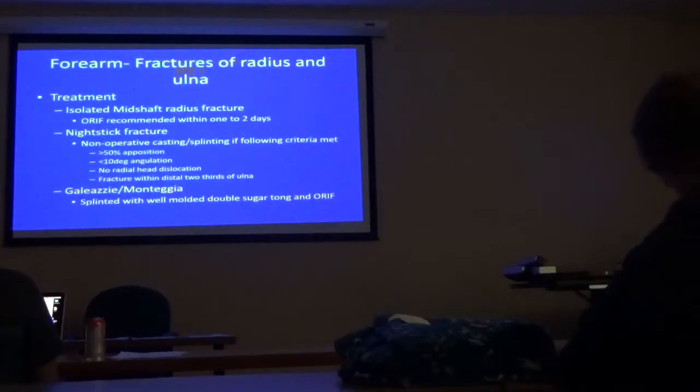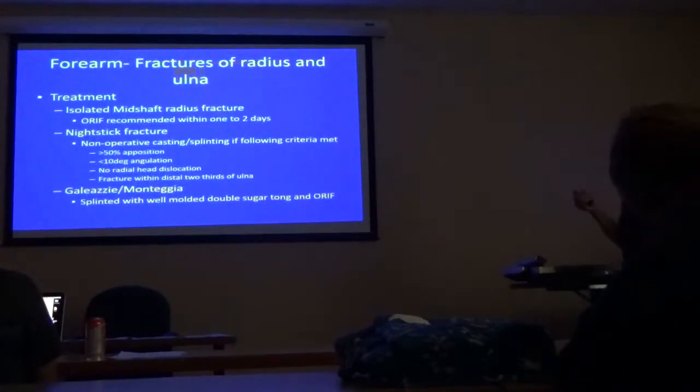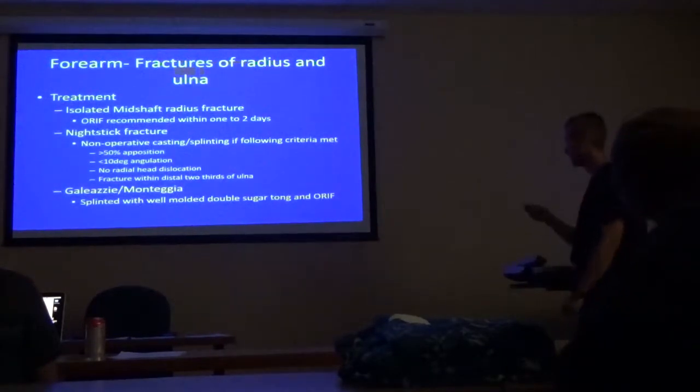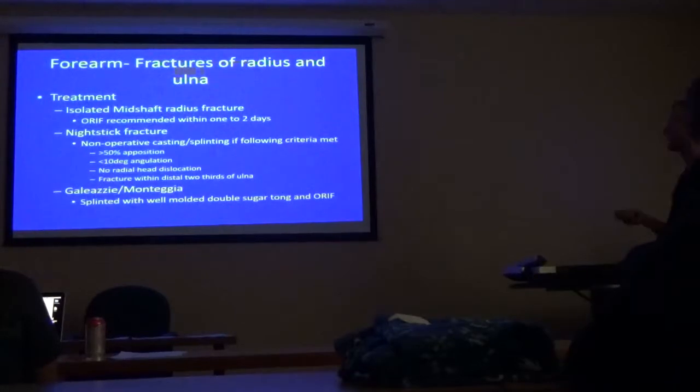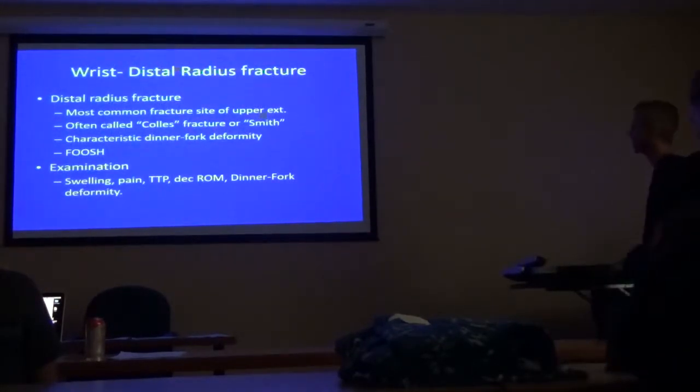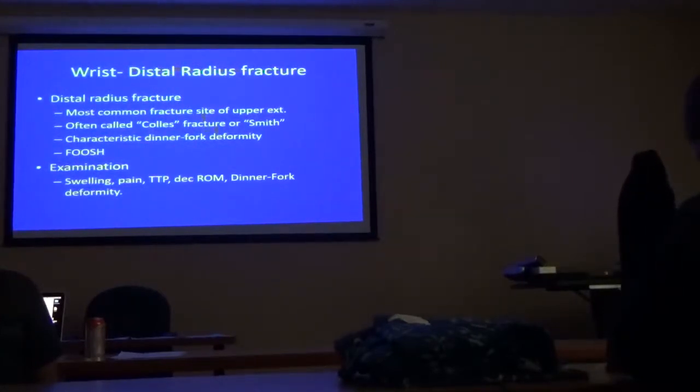If it's more than 50% distracted, then you can't do just casting. Less than 10 degrees angulation, so that's going to be the angle in which it is. No radial head dislocation, and fracture within the distal two-thirds of the ulna. Galeazzi, Monteggia, splinted, and then ORIF.